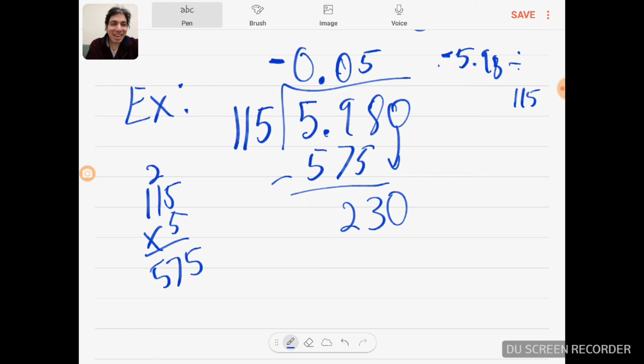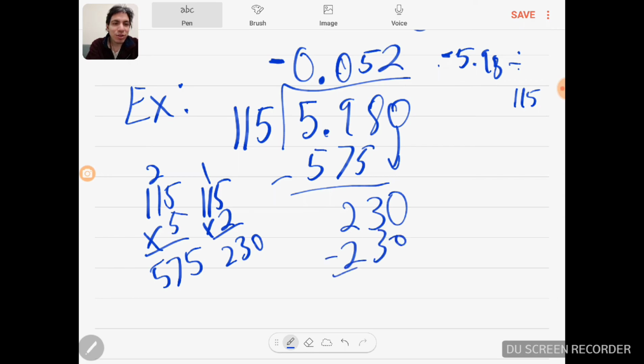Anyway, seeing that I have 230 left to divide, I'm going to take 115 times 2, and I get 230 as my answer. 230. So my answer is negative 0.052.